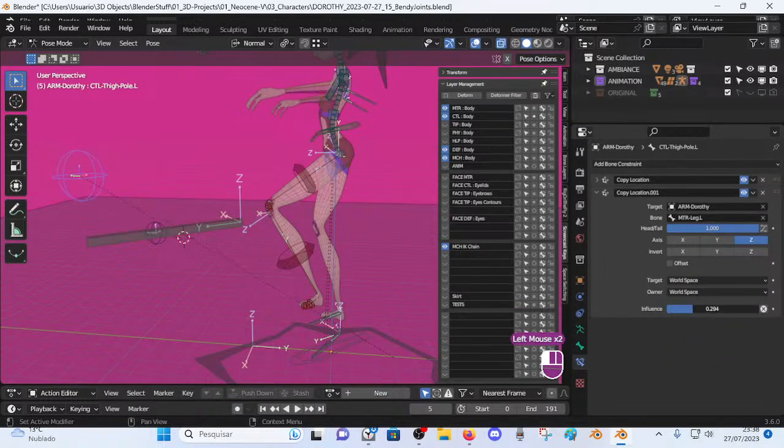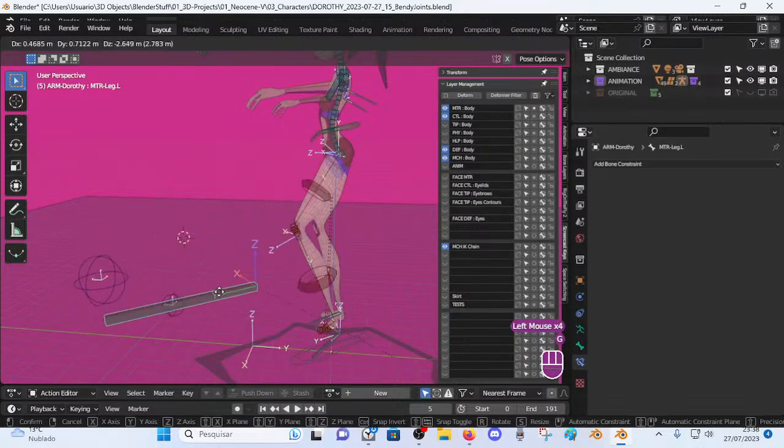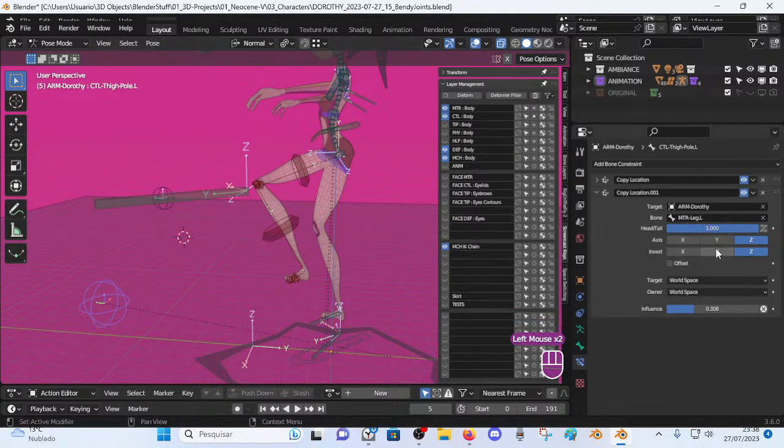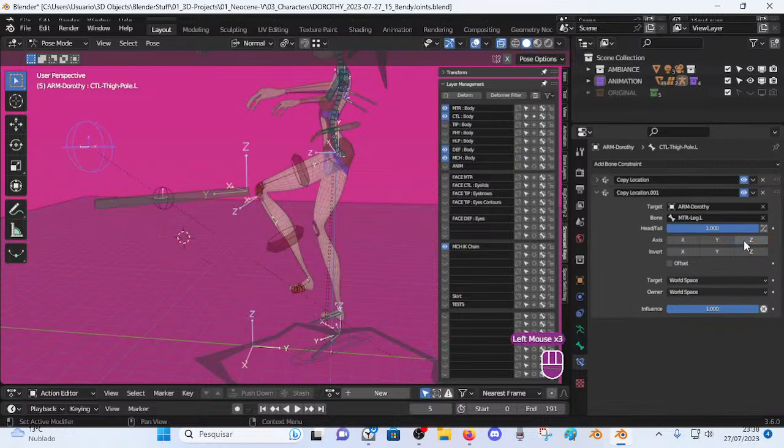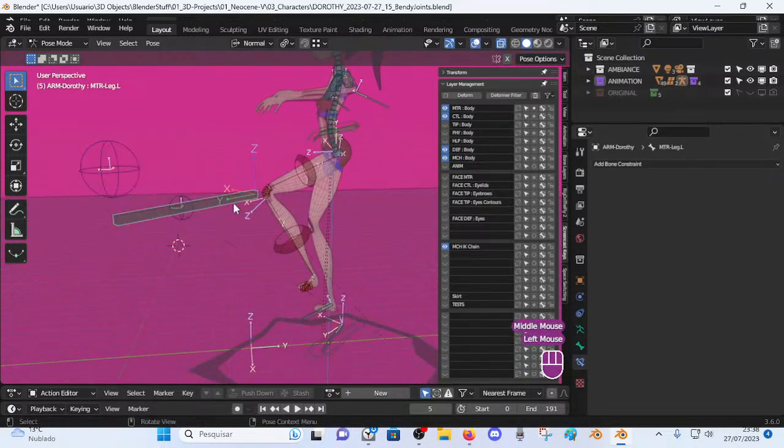Oh, let's put it inverse. Is this? No, it's not about inverse. Okay, the tail. Is this the Z? Yes, it's the Z that was lacking. So this was 100% influence, and this is just a little influence. So what happens here?